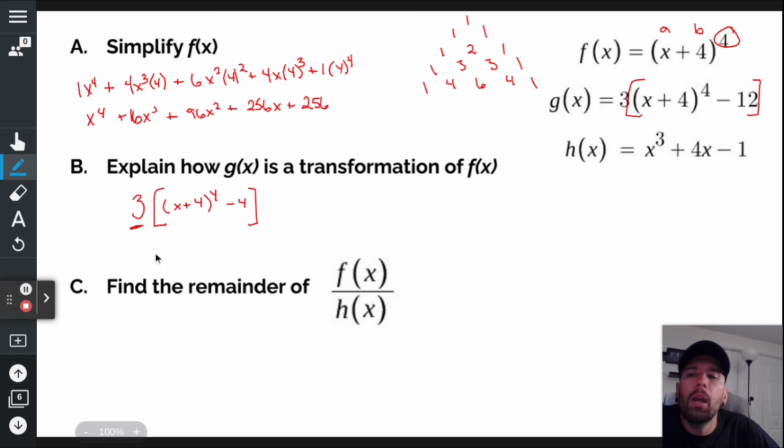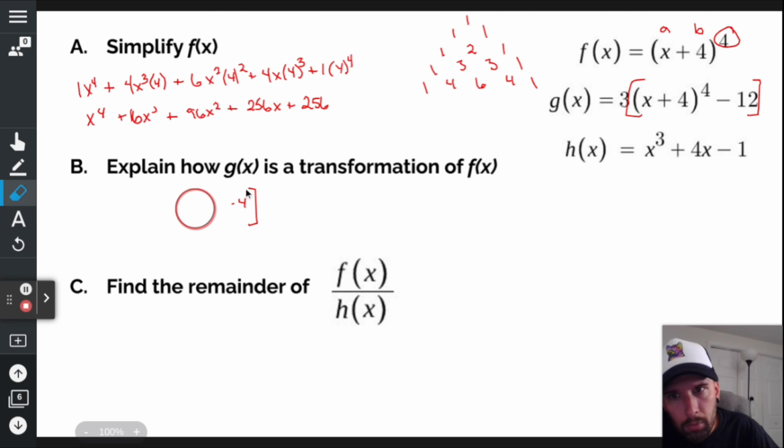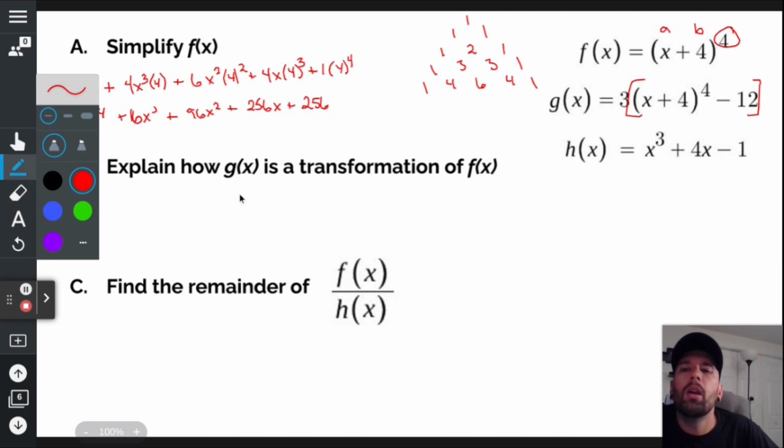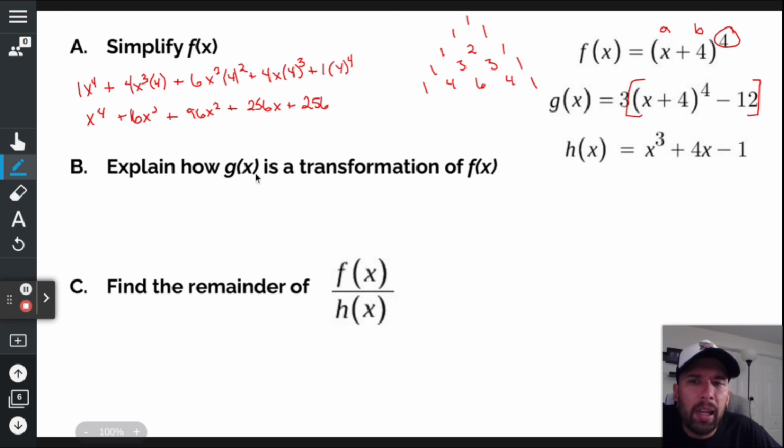Okay. So let me write that out. Explain how g of x is a transformation of f of x.